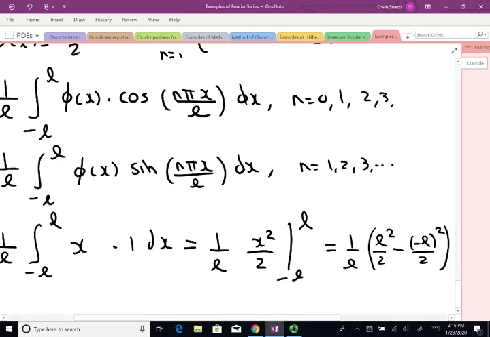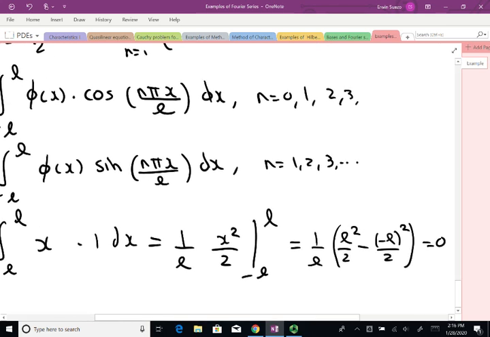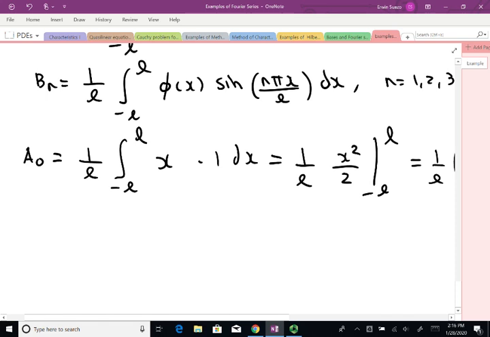So for the first one, I get 0. Yeah, that's fine. Well, I should have saved my time, right? Because I'm integrating x between minus L and L, so the area between 0 and L is the same as the area on the other side, and one is positive and the other is negative.